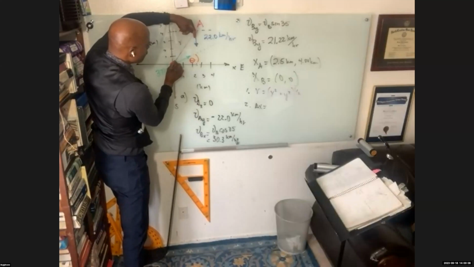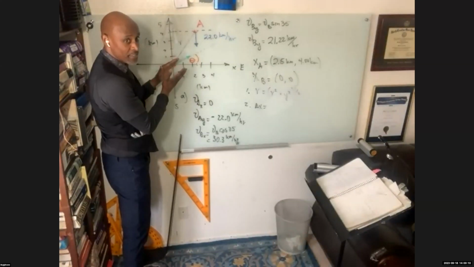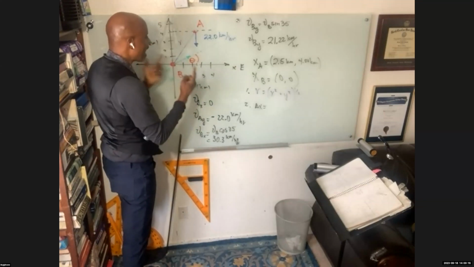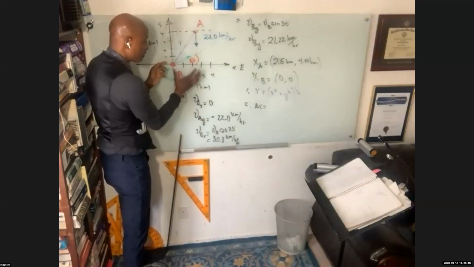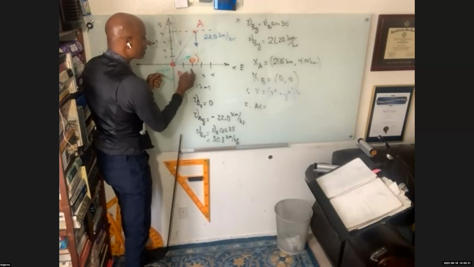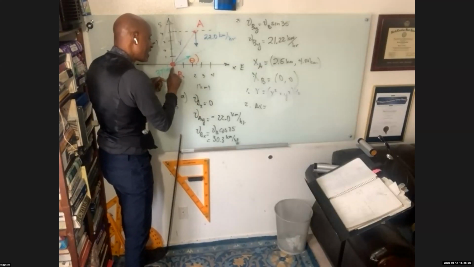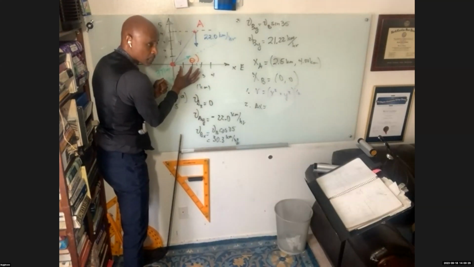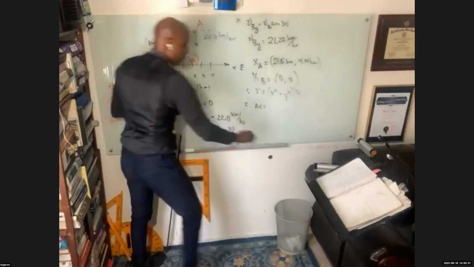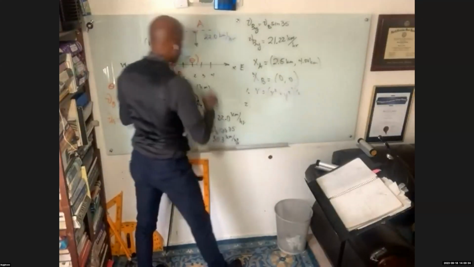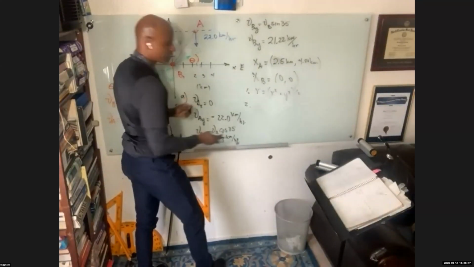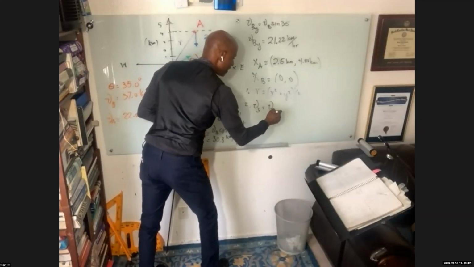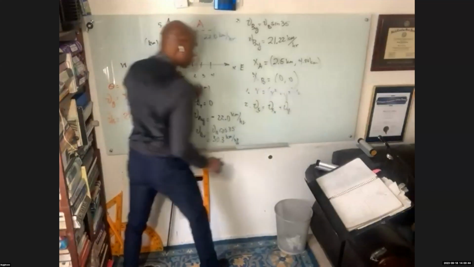This space is closing between these cars and it's changing direction, right? So when we want to look at its total velocity, its x velocity is going to be a combination of the x velocity of this thing and the x velocity of that thing. That's how much this thing is changing, right? Now, let me do it like this. Let's say that the total velocity of the space, I'm going to call it Vs. The velocity of the space is going to be equal to the x velocity of the space plus the y velocity of the space.